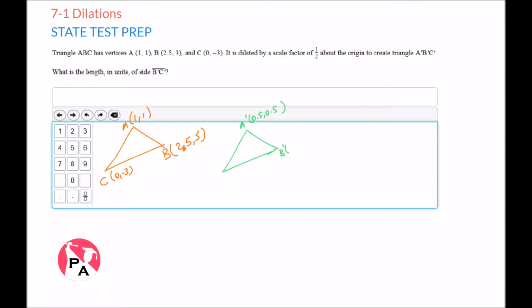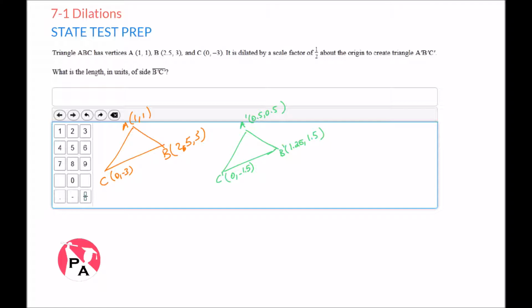Point B dash is going to become 2.5 times 1/2, which is 1.25, and 3 times 1/2 is 1.5. And for C dash, 0 is the x-coordinate of the point, times 1/2, we still get 0. For negative 3, we get negative 1.5, which is half of negative 3.